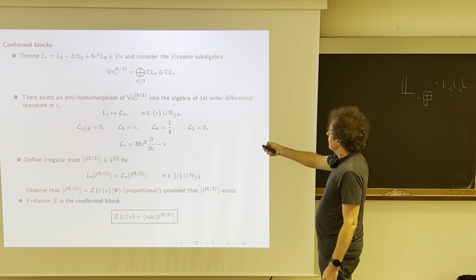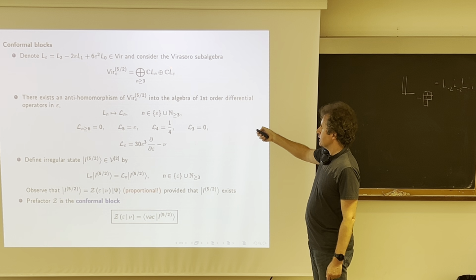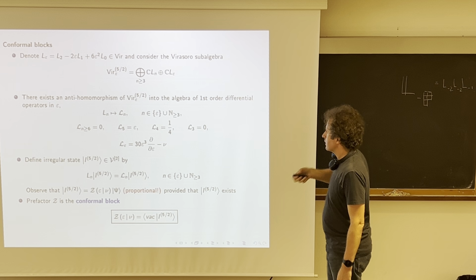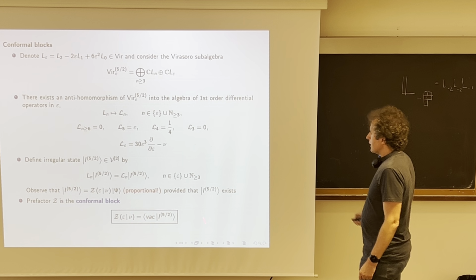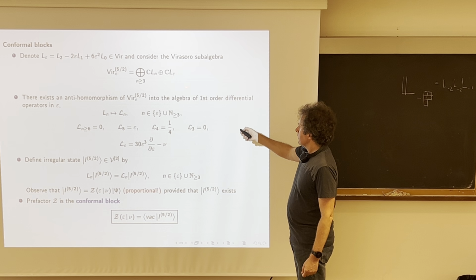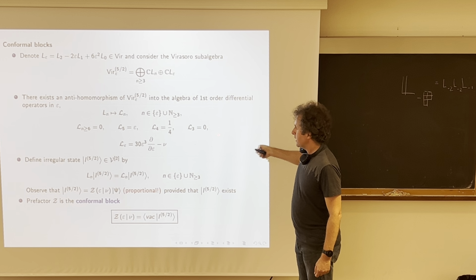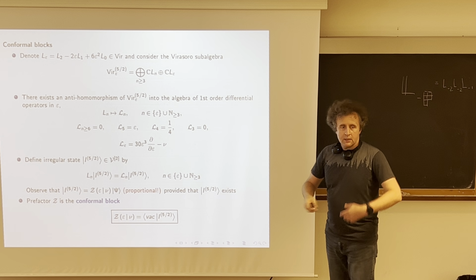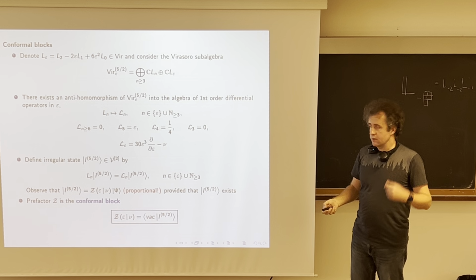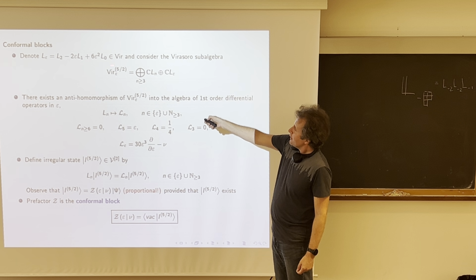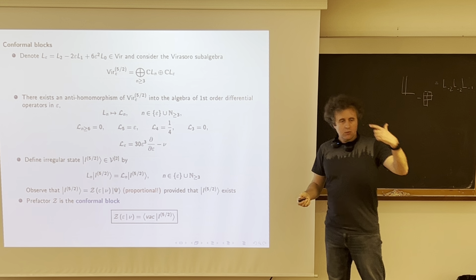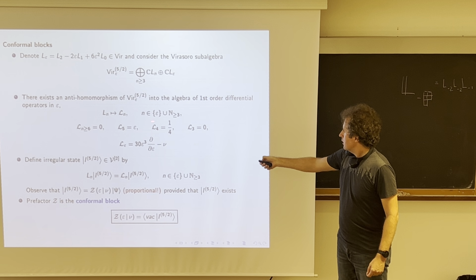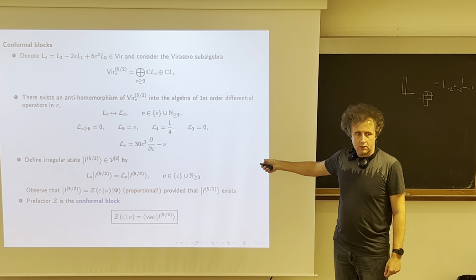We consider the Virasoro subalgebra generated by this guy and all L_n with n greater or equal to 3. We require that these guys act by the eigenvalues that we had before, and this guy acts as a certain differential operator in epsilon. Why this particular combination? Well, this is the only combination which will not change these eigenvalues here.